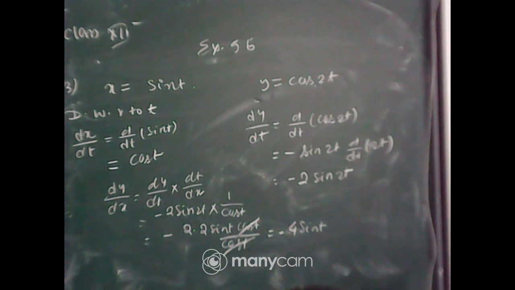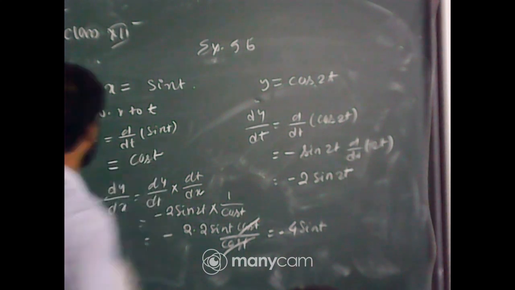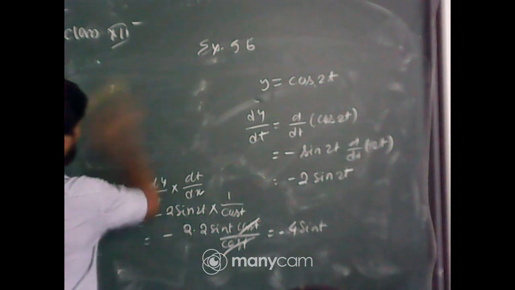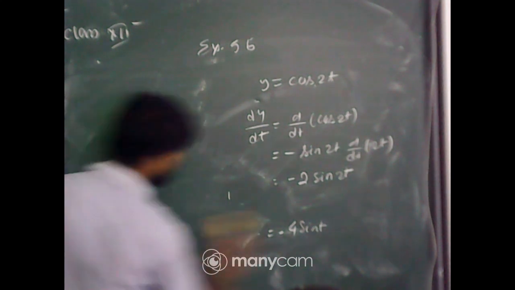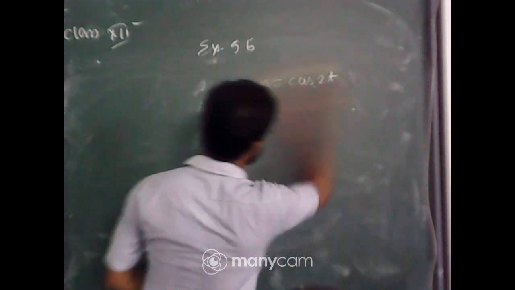Okay, so question number 3 is now completed. Now we are solving question number 5. You just try to solve question number 4. I am leaving it for you. I hope you can do it.